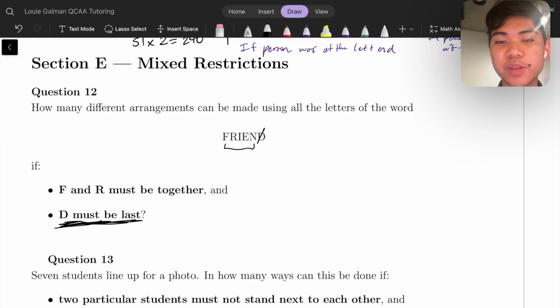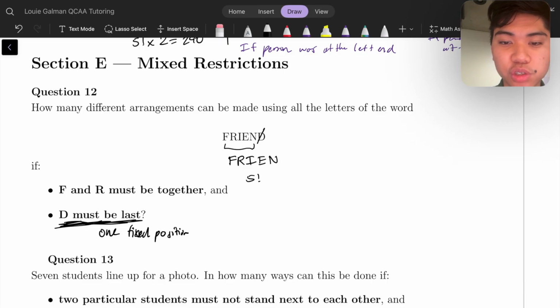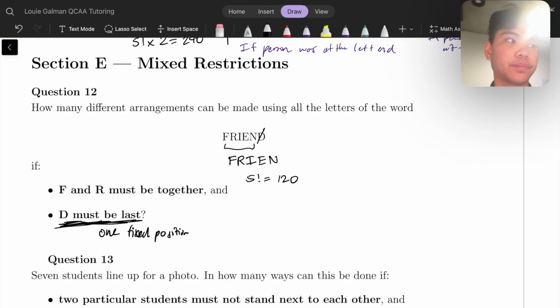Especially because this is one fixed position, I can't really do much with that. That's already one possible arrangement. So I'm technically only rearranging my FRIEN, which is 5 factorial, 5 different letters, which is 120 different combinations.